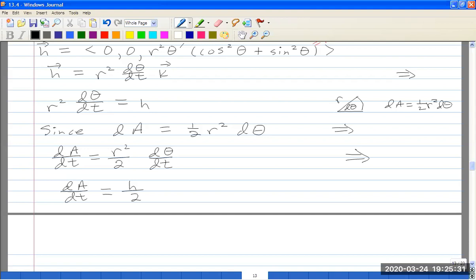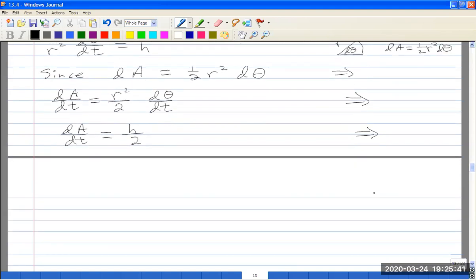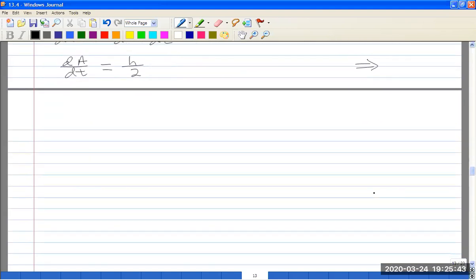And so this says that, well, it's constant. So dA dt is a constant. And that's what we wanted to show.